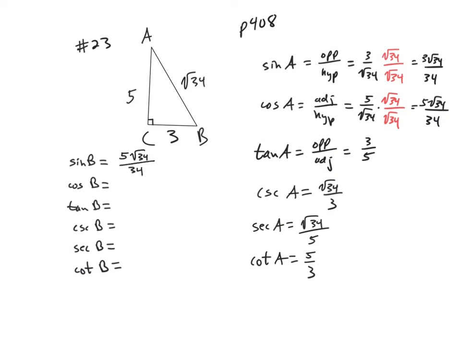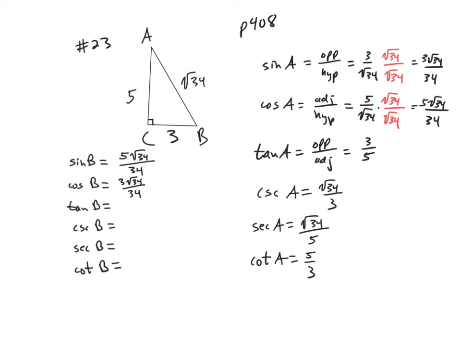When I look at the cosine of B, that is equal to the sine of A, because cosine of B is adjacent over hypotenuse, and we know from here that 3 over radical 34 turns into 3 radical 34 over 34. So I've got 3 radical 34 over 34.